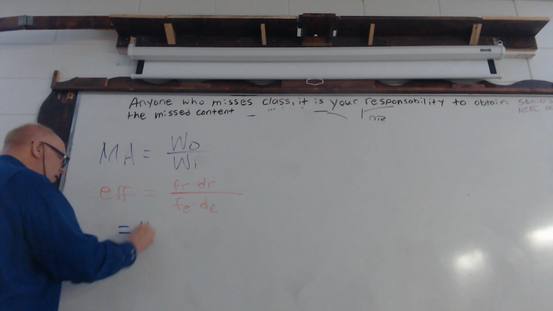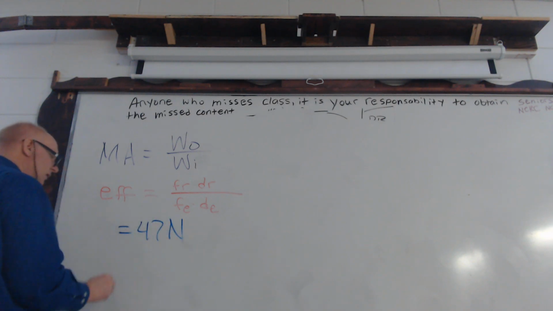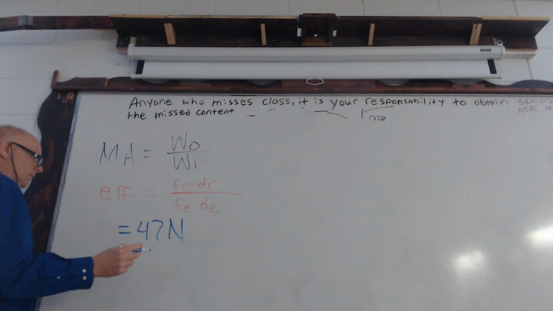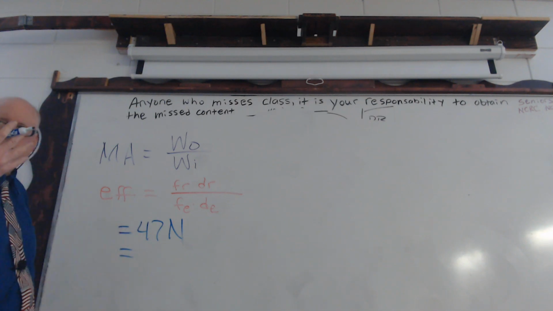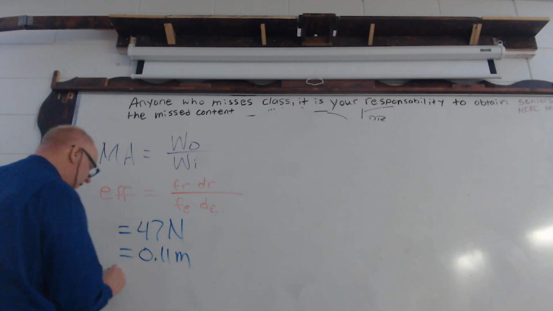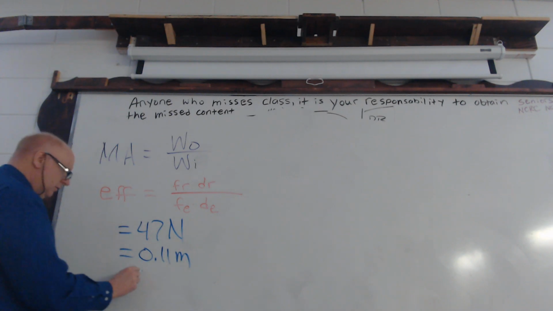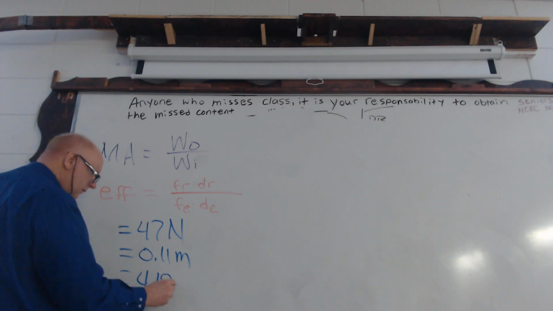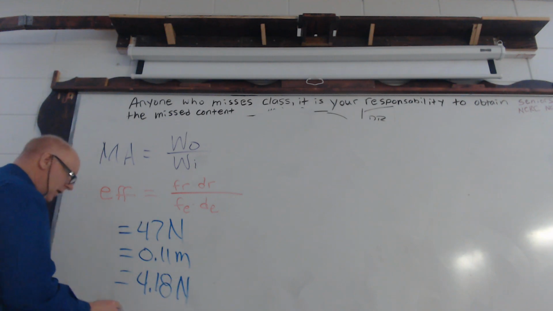What's another one? What's the number? Just read the number. 0.11 meters. What's another number? 4.18 newtons.